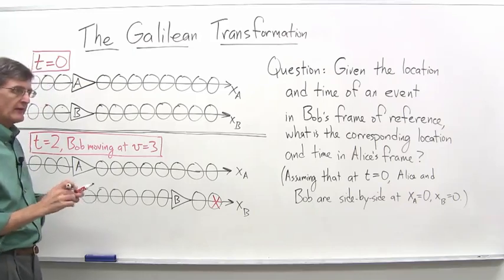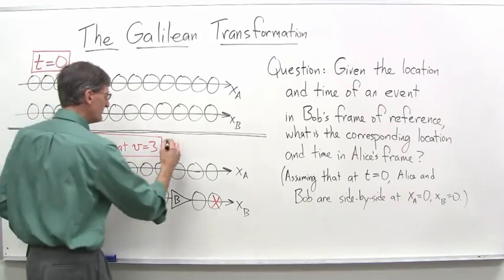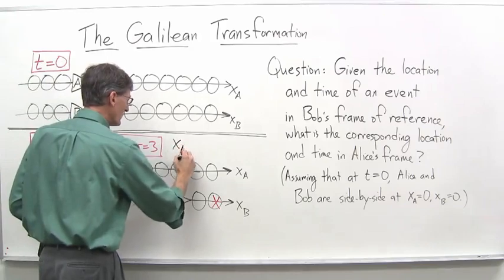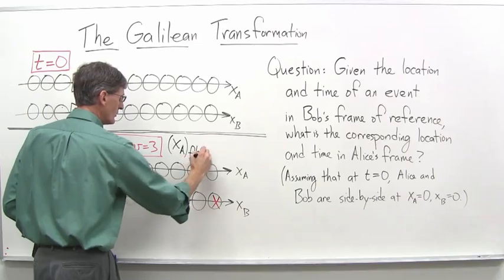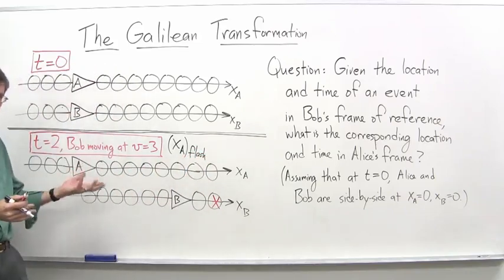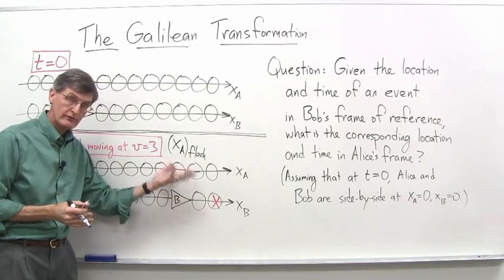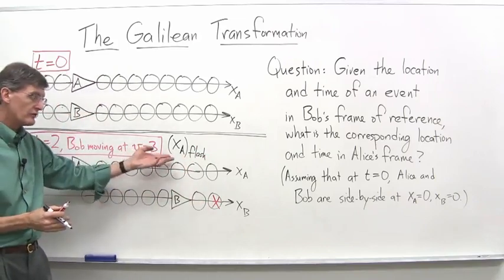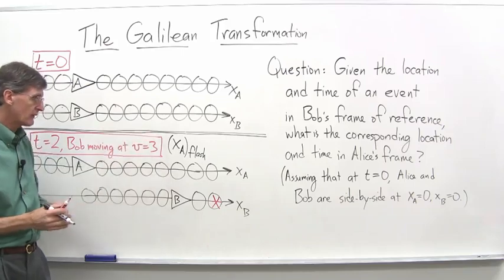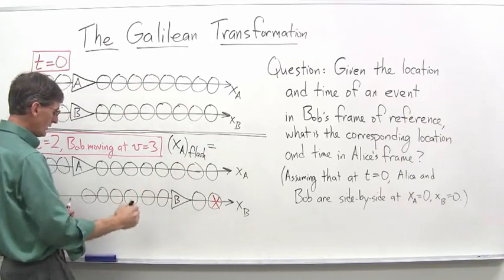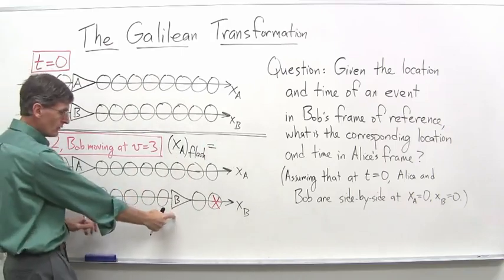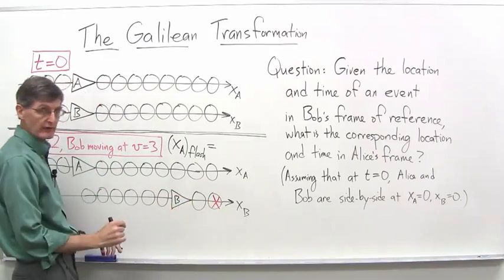We can say that xa of the flash, in other words, we know the position of the flash in Bob's frame of reference is at position 2. What's the position of the flash in Alice's frame of reference? Well, it's simply going to be the distance Bob has moved plus where he sees the flash occurring.